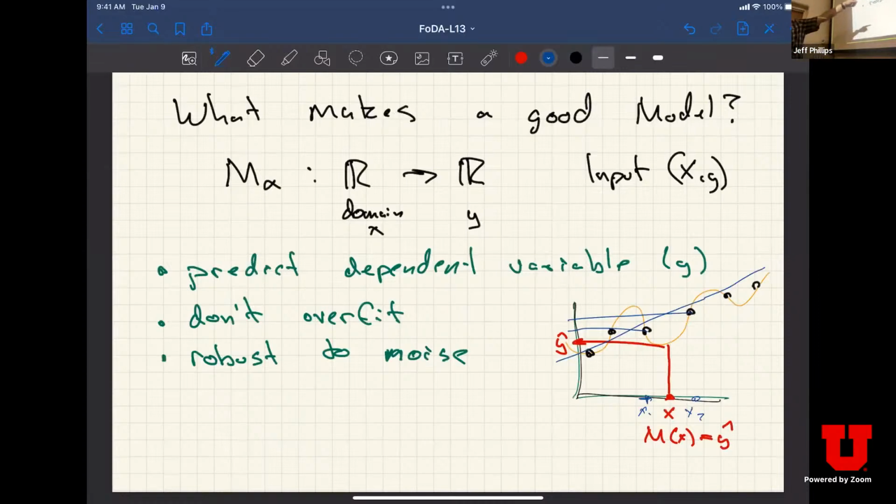So in that sense, this model is not very robust to the noise in the X coordinate, and this does play into some decisions on what is the best model.